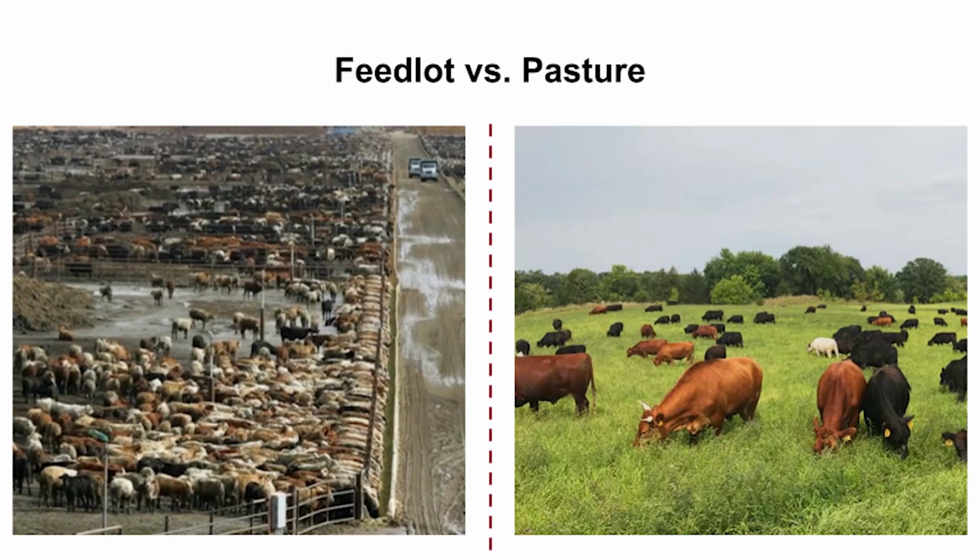If we look at a feedlot on the left here, that is a terrible, terrible environment, not just for those animals, but for people working there and for the surrounding community. I live in Chandler, Arizona. There are a peppering of small-ish feedlots. And on certain days, the air quality from those feedlots is terrible.